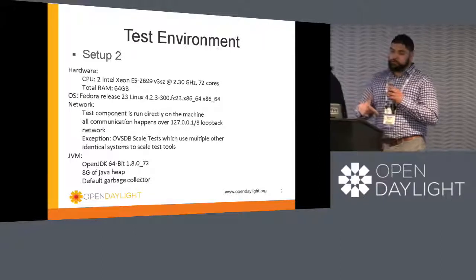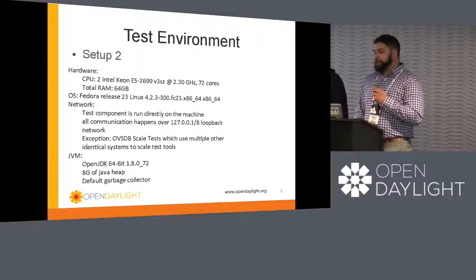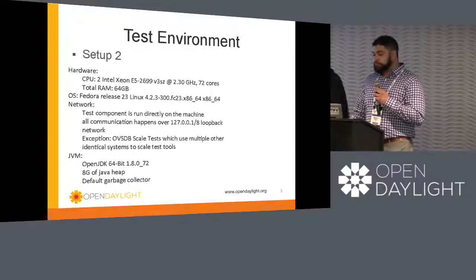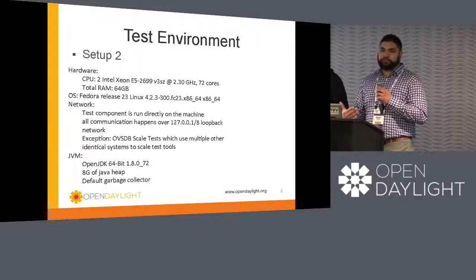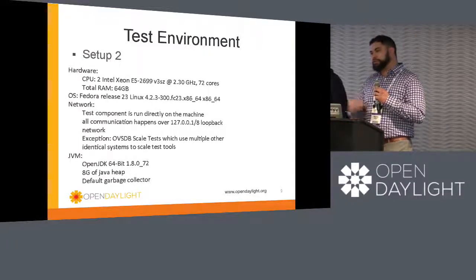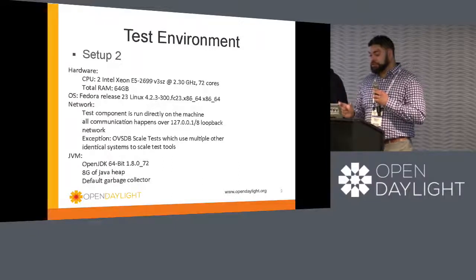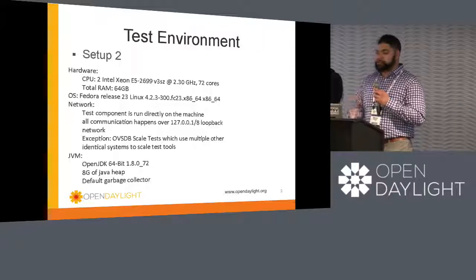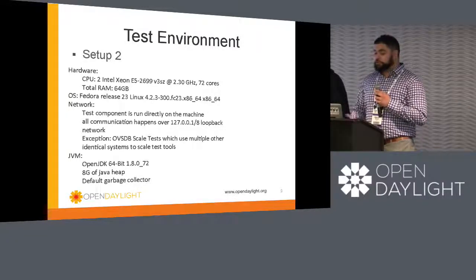These tests were run on Fedora 23, and most of them used the loopback as well, except the OVSDB scale tests actually used the network interface, but only to connect to other exact replica systems that had test tools on them. They didn't actually have ODL on them. The JVM for that was OpenJDK, so it's a little different from the last test environment. We had 8 gigs of Java heap and a default garbage collector as well.